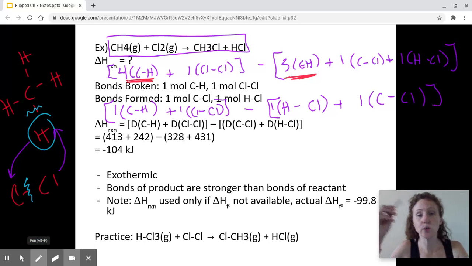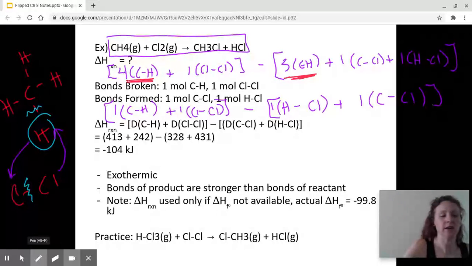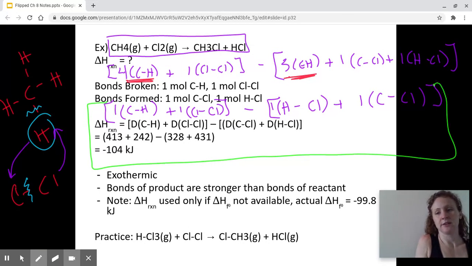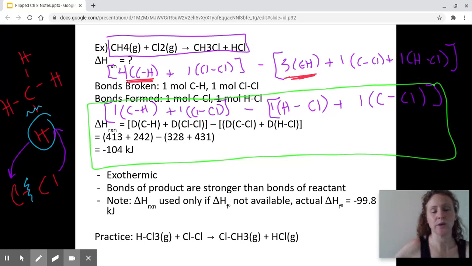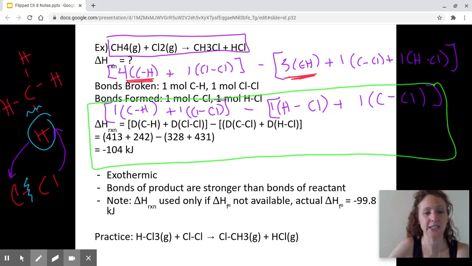Okay, so notice the 2 ways that I've set this up are going to come out exactly the same. And actually, the example here gives it to you in the second method because we're chemists and we like to be efficient, also known as lazy, but efficient, right?